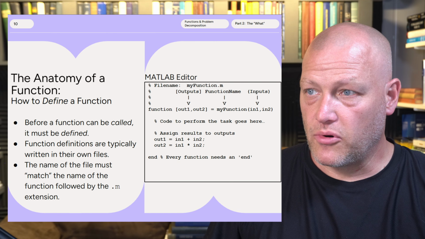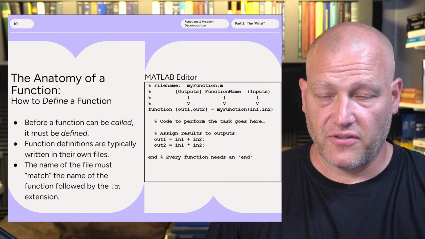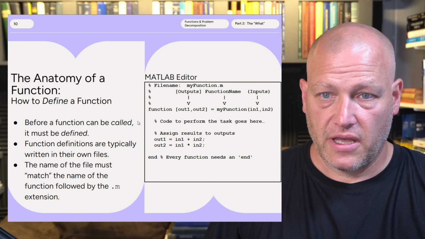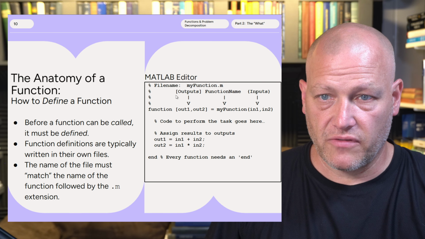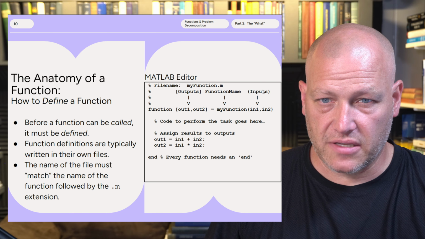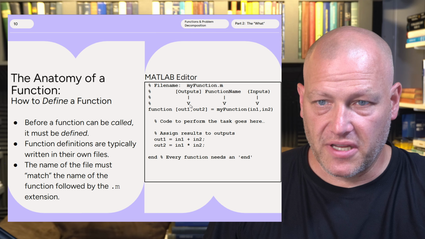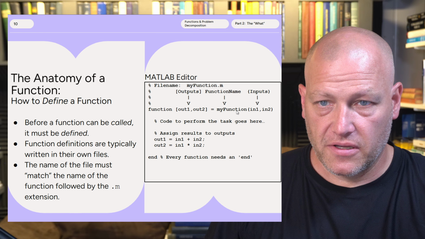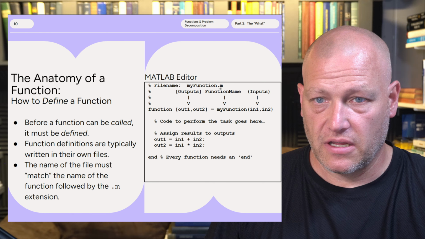So anyways, the important thing to note here is that the name of the file that contains this function is myfunction.m, and it's named that because the name of the function, as you can see, is myfunction. If you extend these little next bits of comments down, these are supposed to be little arrows pointing down. The function name is myfunction, and that means that it has to be inside of a file called myfunction.m.